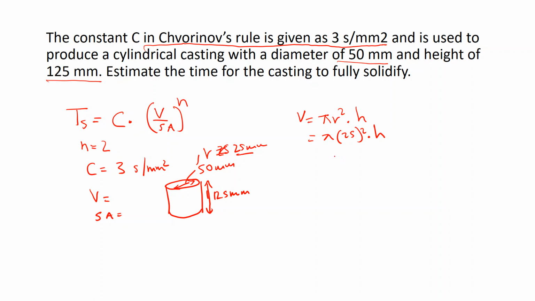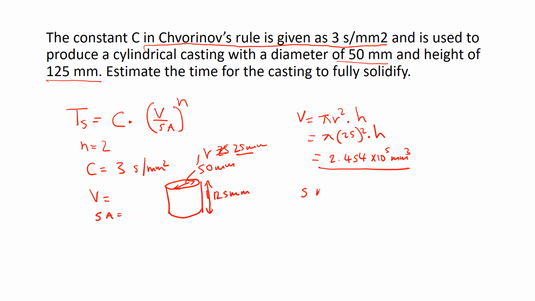But going with the radius here, the volume we calculate comes to 2.454 times 10 to the power 5 millimeters cubed. So this is the volume I get.